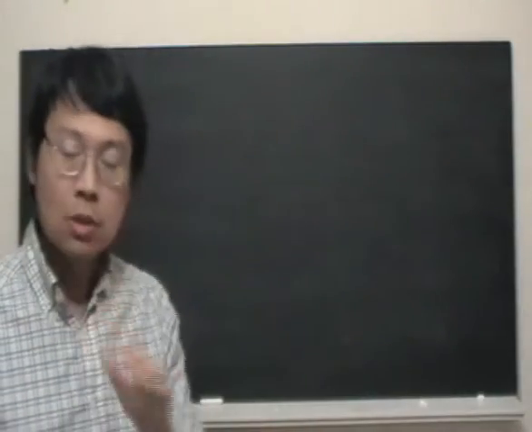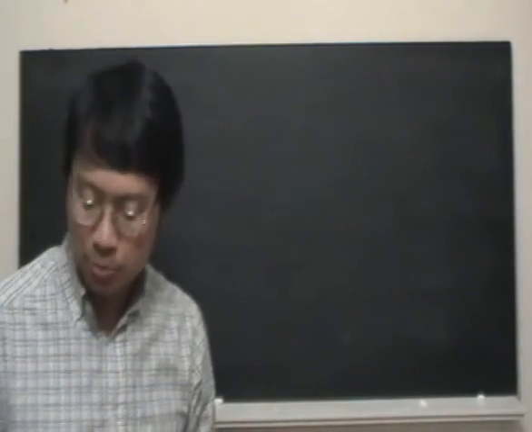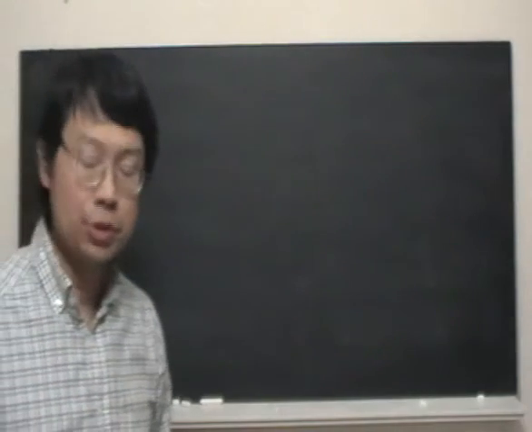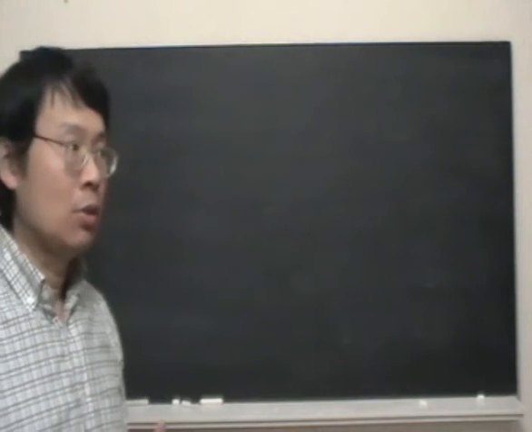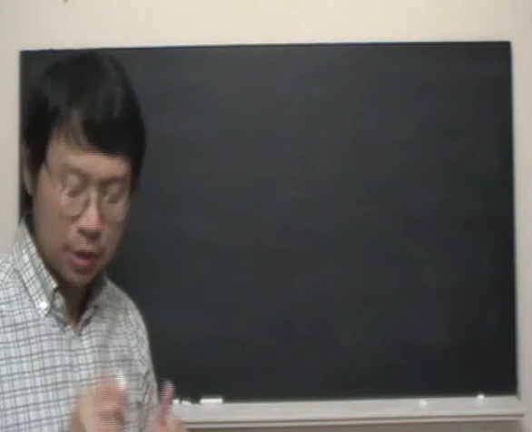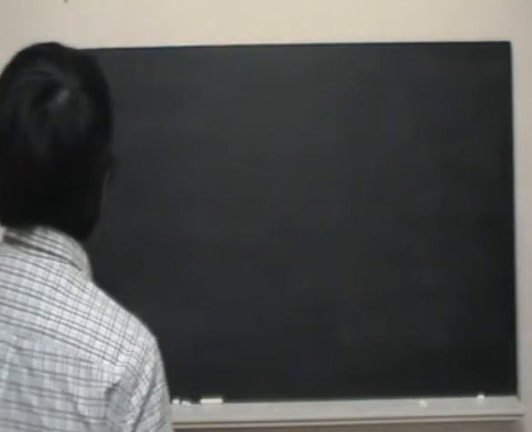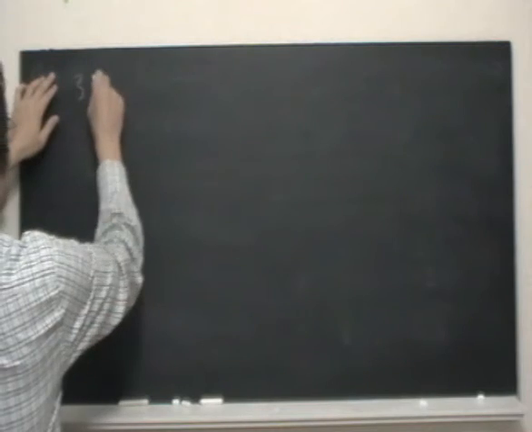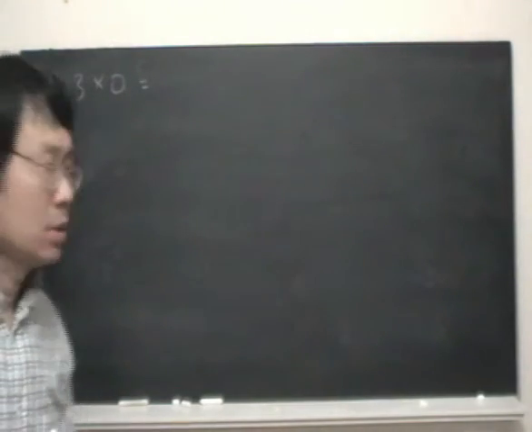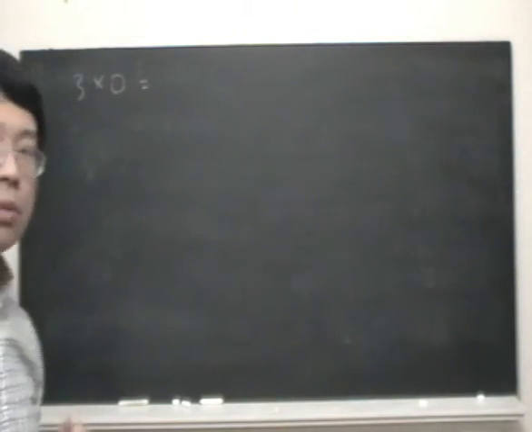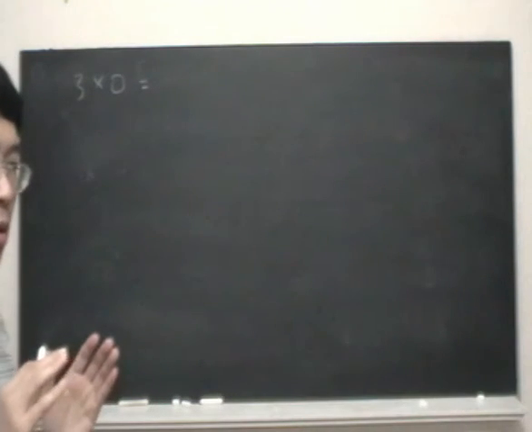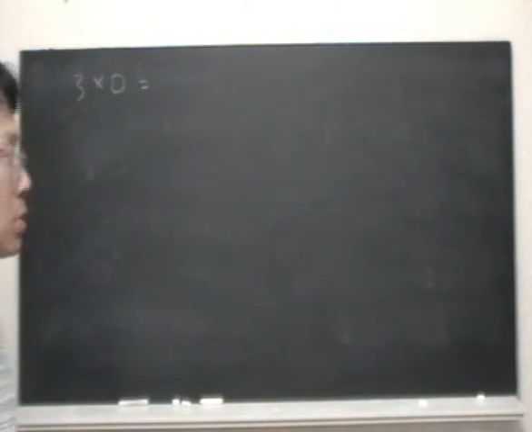We'll now look at a more complicated example of quadratic equations. But before that, we need to do a little exercise to get used to an idea. Look at this multiplication, 3 times 0. We know that any number times 0 is 0.